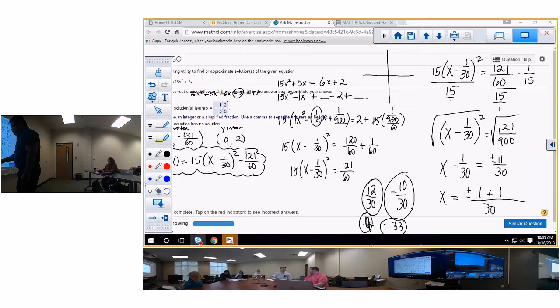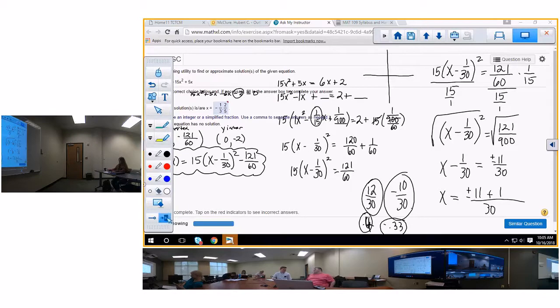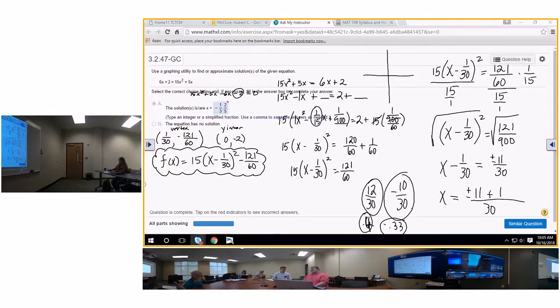Okay, so here we go. There's my graph. My intersection, my vertex, I can't see it because of this stupid thing. My vertex is 1 over 30, which is a very small decimal, and negative 121 over 60. How many times will 60 is 120, so that's negative 2.